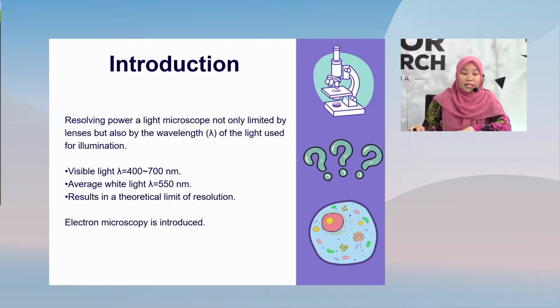But as we began to learn more about the microscopic world using the light microscope that could visualize individual cells, we became curious about structures smaller than a cell, some details of which were difficult to visualize and understand through the light microscope. Fortunately, that's why electron microscopy was introduced.